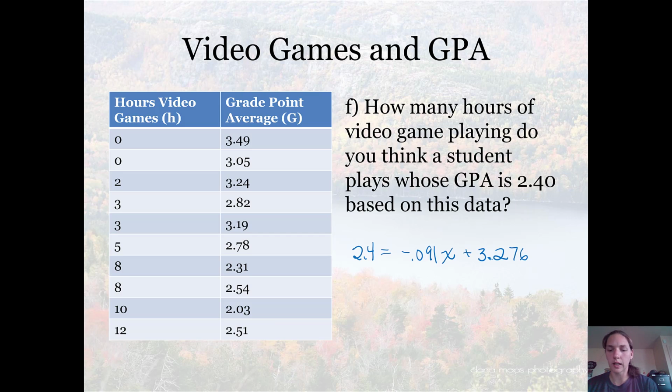That's our function. Had to check. And so now we want to solve for x. Let's see. 2.4 minus 3.276 divided by negative 0.091. X equals 9.626. So 9 hours, 9.5, almost 10 hours is what this model would predict.